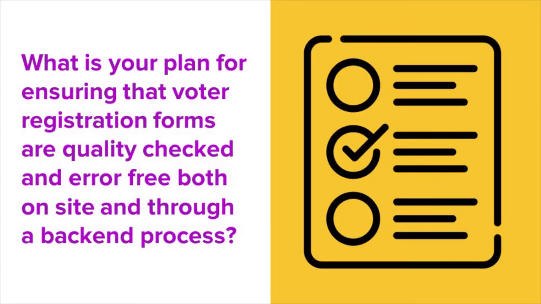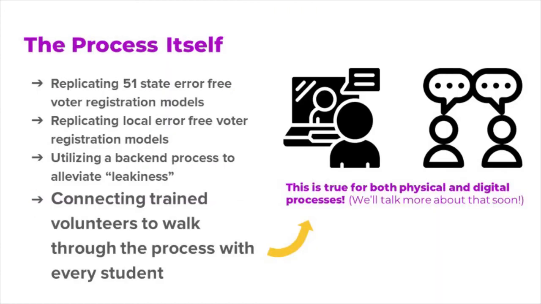And then finally, what's your plan for ensuring that the voter registration forms or applications are quality checked and error-free, both on-site and through a back-end process? And of course, I also want to flag that things are very different right now, given all of the circumstances that have come out of COVID. For example, the fact that this is how we're having this conversation today.